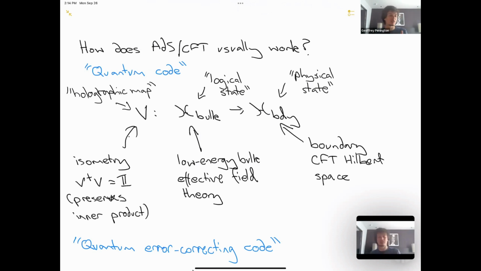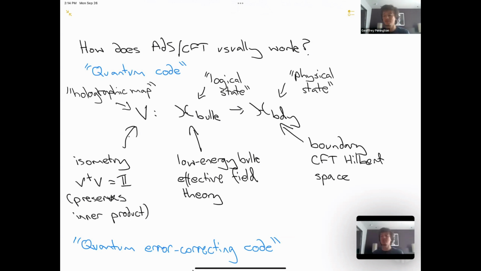The CFT Hilbert space is morally a tensor product of Hilbert spaces at different boundary points. And we can think of those as like the logical state and the physical state in a quantum code on some quantum computer or something. Okay. And crucially, this map V is always thought to be an isometry.